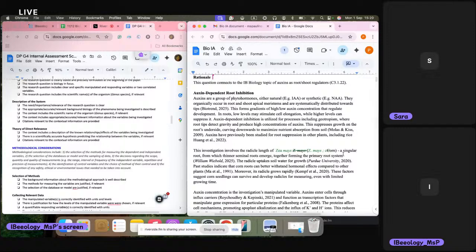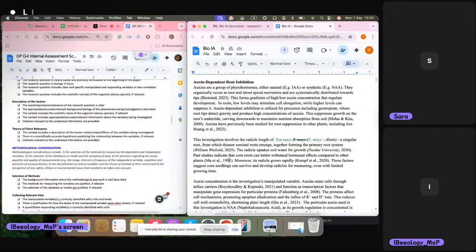All right. So you're saying here about hormones. You're saying here this investigation involves the radicle length. So something to that effect. But what is the significance of, for example, your independent variable to the growth of plants? Okay. So make it concise, just to give the relevance of the system in place.